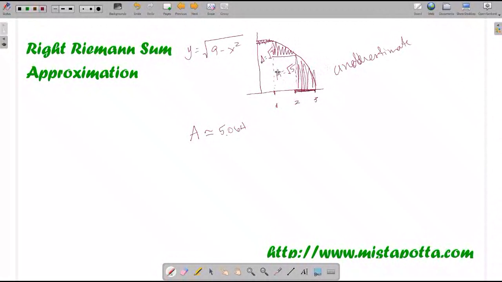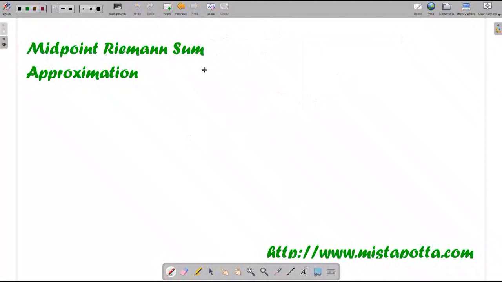And I can tell this right Riemann sum is probably not the best way to look at it, because I am losing a whole bunch of area here and here. So let's investigate the midpoint Riemann sum for this situation.